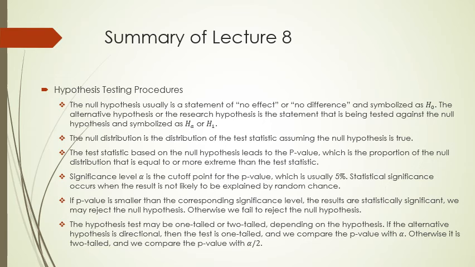If the p-value is smaller than the significance level, the results are statistically significant, and we may reject the null hypothesis since the sample is not likely selected by random chance. If the p-value is larger than the significance level, then we fail to reject the null hypothesis since we cannot rule out the possibility that the sample is selected by random chance.